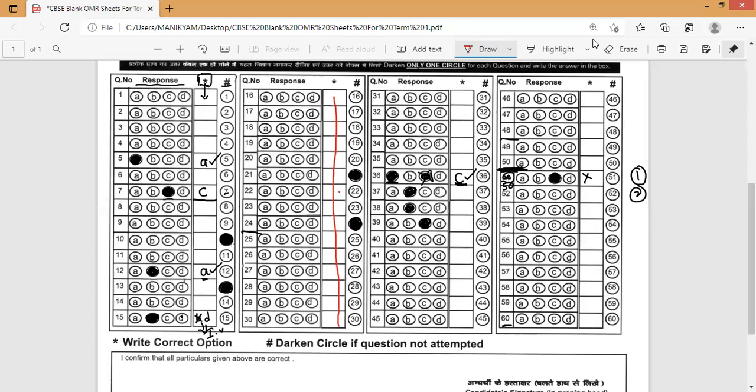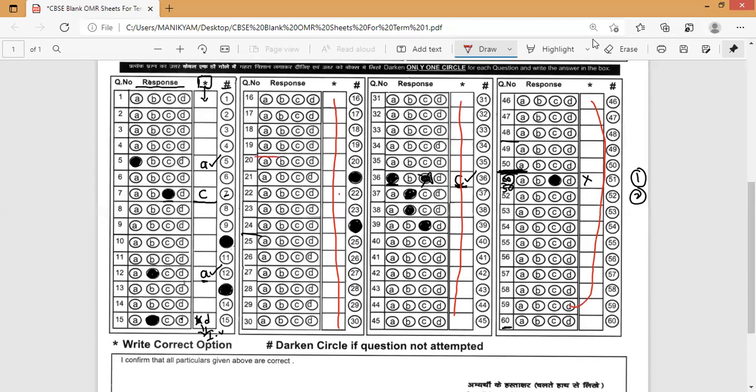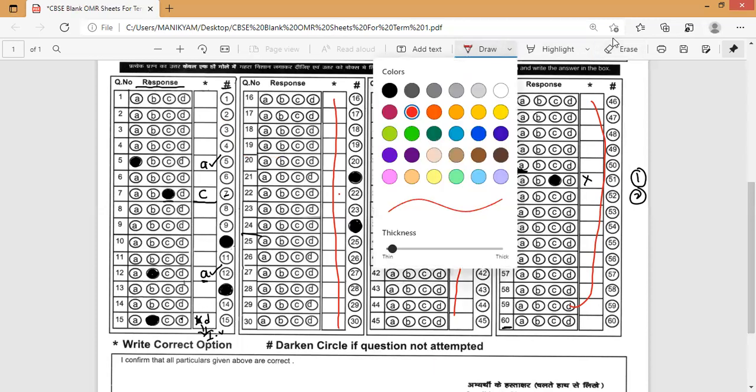It does not have any value. Whatever you write in these star columns is the final evaluation. So be very careful when you choose the option to write in the star column. That is the thing you have to remember.